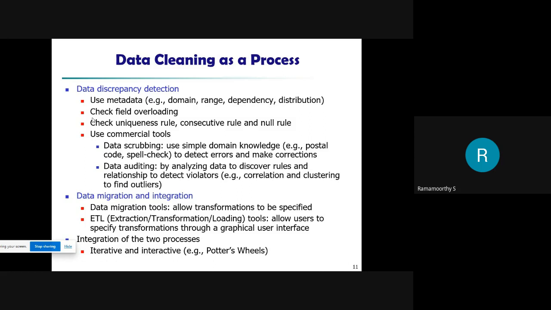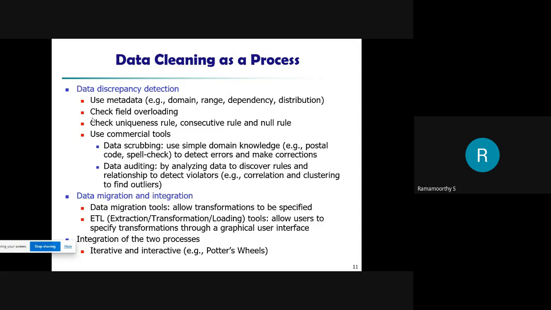These are some of the other factors available for finding any faulty data or for data discrepancy detection. So whether it falls under the domain or under the range, or whether there is a proper dependency and distribution, equal distribution.